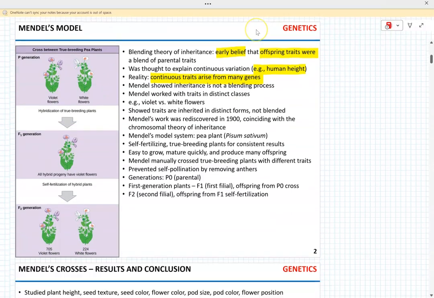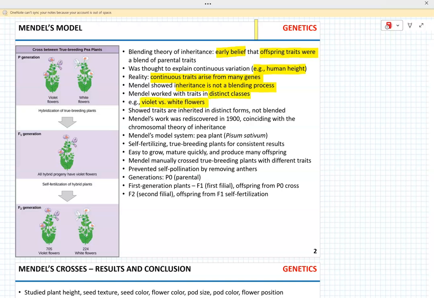Mendel was the first to show that the inheritance is not a blending process. Mendel worked with traits that existed in certain distinct classes. For example, violet flowers versus white flowers. He demonstrated that these traits are inherited in distinct forms.